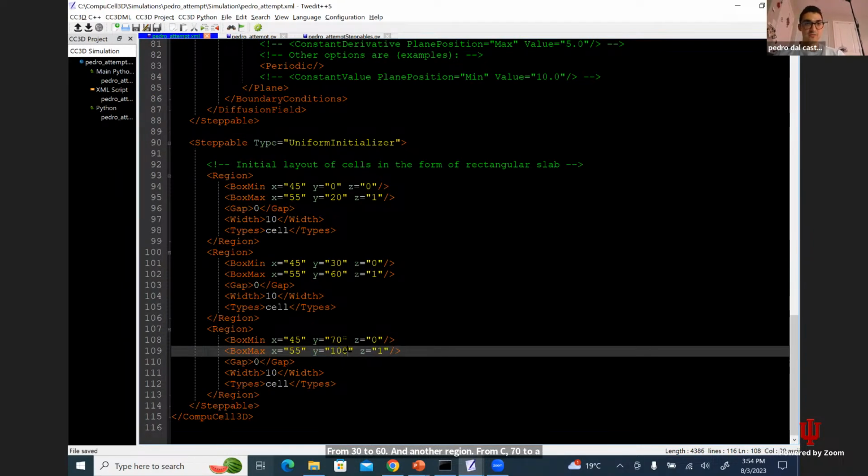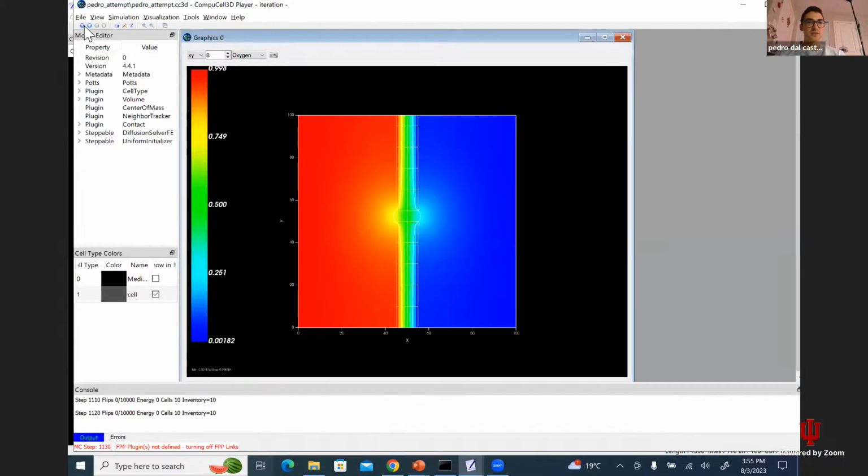Let's see what happens. What would happen in this case, Tamayo? Look at my code and tell me what will happen now. Two ion channels, perfect. So let's run it.